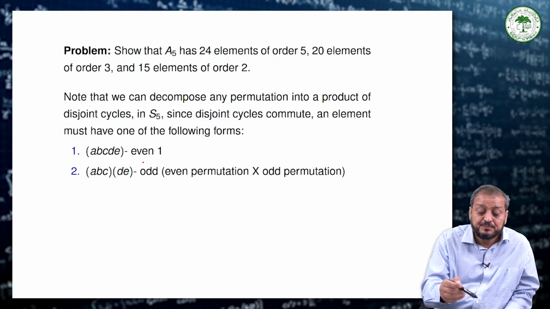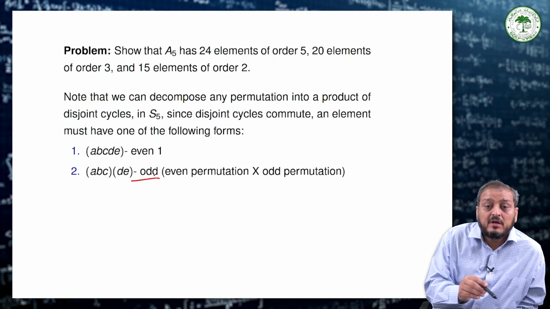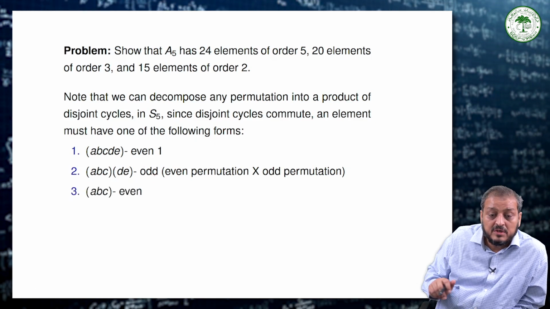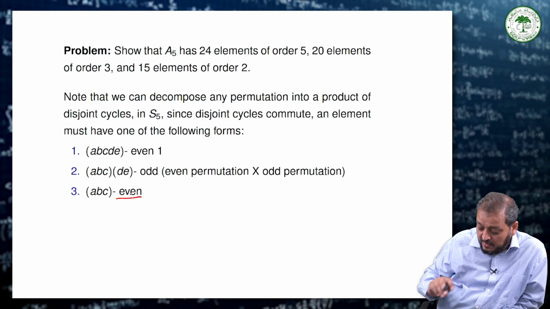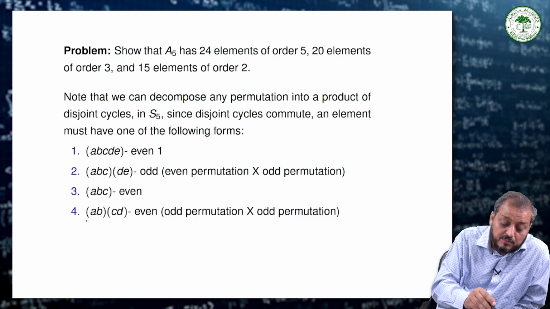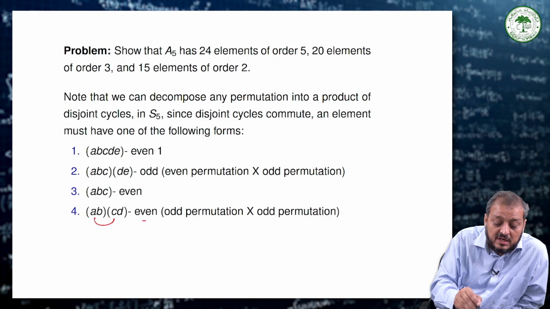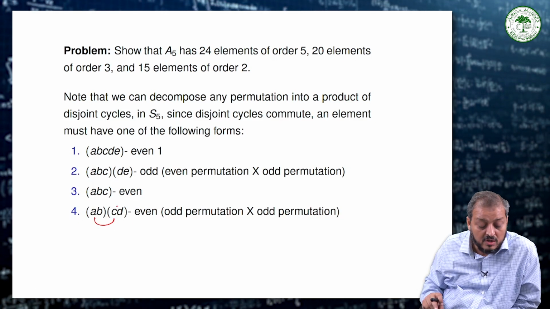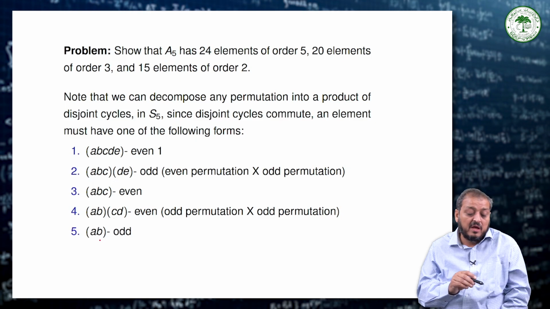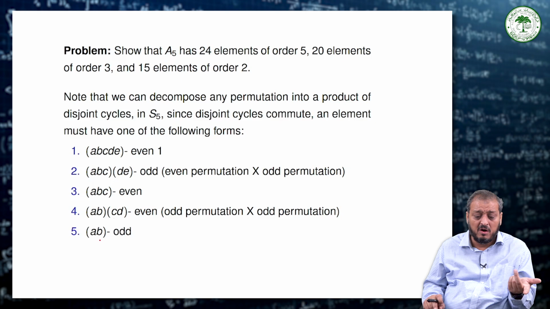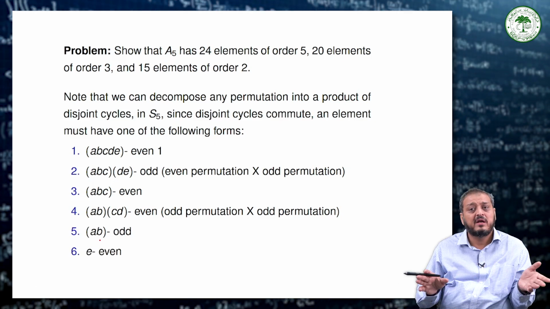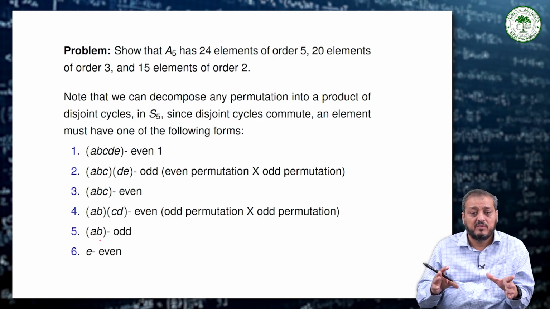The third type is A, B, C, a 3 cycle, which is always even. The fourth is a product of two transpositions, odd times odd, which is even. The last is A, B, which is odd, and then finally the identity element, which is an even permutation.